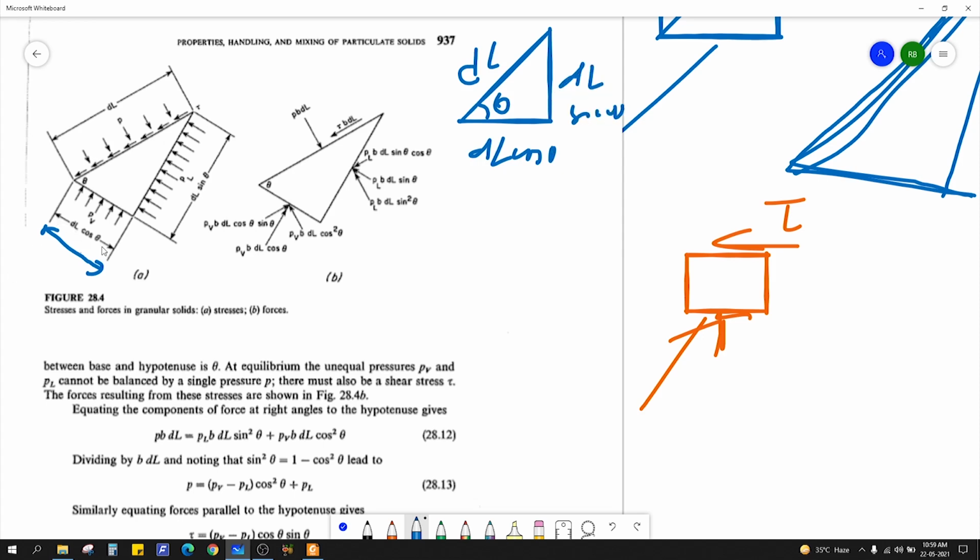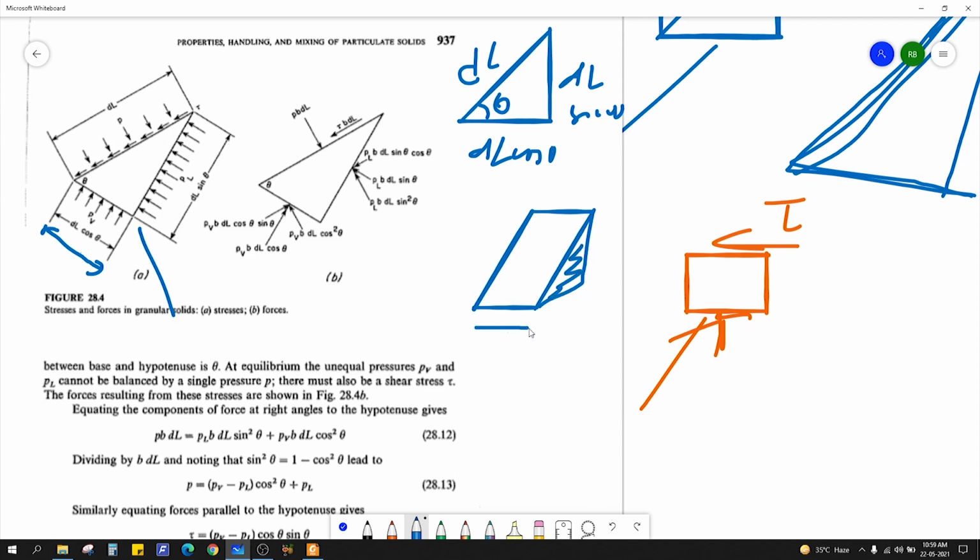So this length is DL cos theta, and this length is DL sin theta. Okay, fine. What will be the area? See, this is the side view. Okay, this triangle we have taken is a side view. Actually, if you see it, this is nothing but kind of 3D, right? So we are taking this side view.